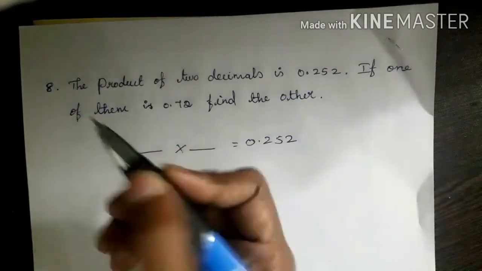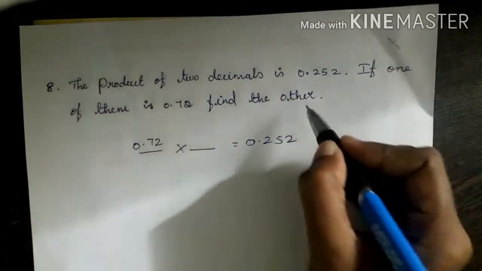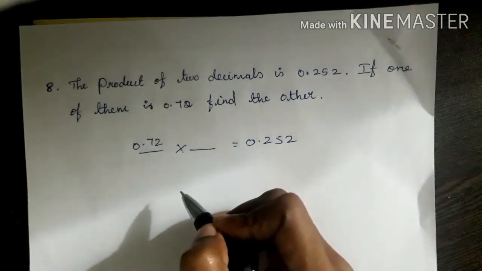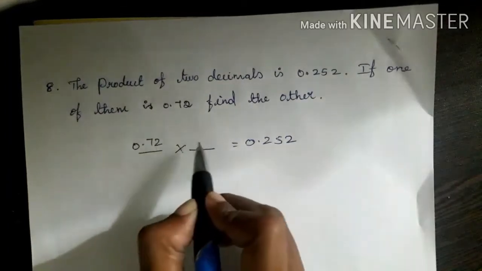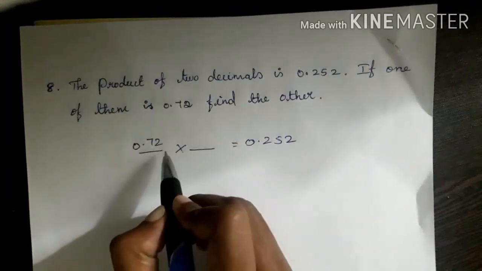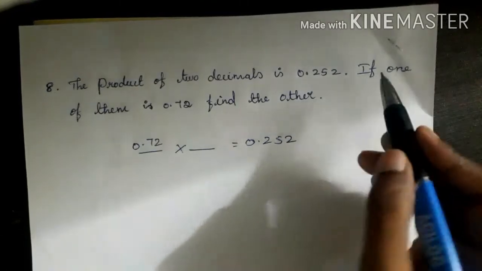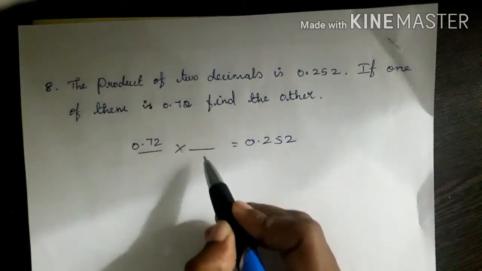If one number is 0.72, then find the other number. Question understood now? Once again, the product of two numbers, the multiplication of two numbers, is 0.252. Then one of the numbers is 0.72. Then what is the other number?